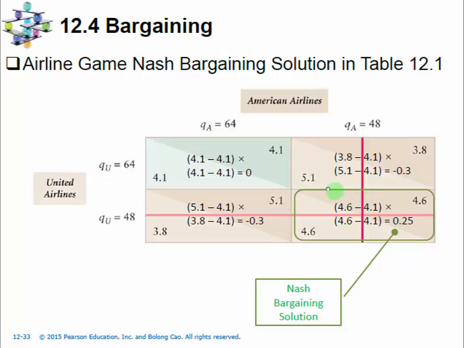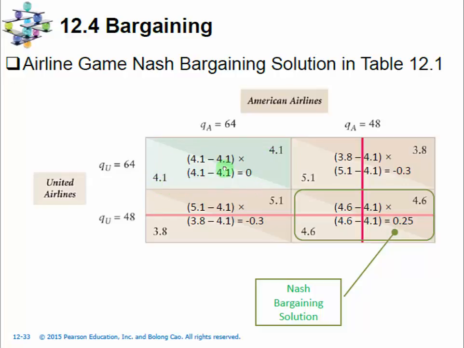In the Nash bargaining solution, we first look at what is the disagreement point or threat point. It basically means when the two parties are playing a non-cooperative game. In this airline output quantity strategy game, we already know that if they do not cooperate, we will have this prisoner's dilemma outcome. Each firm earns 4.1.